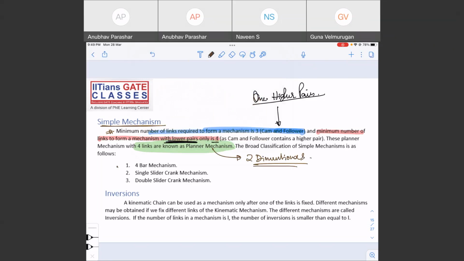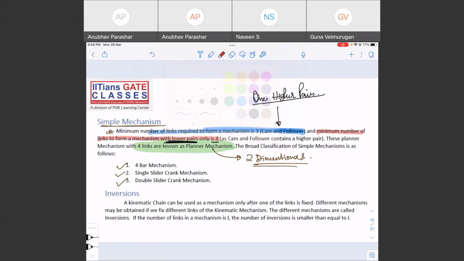The first one is the 4-bar mechanism. The second one is the single slider crank mechanism, and the third is the double slider crank mechanism. The planar mechanism consists of 3 classifications: 4-bar mechanism, single slider crank mechanism, double slider crank mechanism. Okay, this is what we are going to study now.